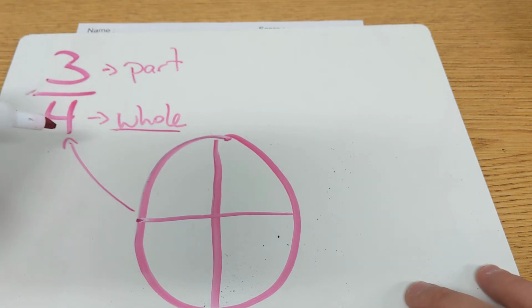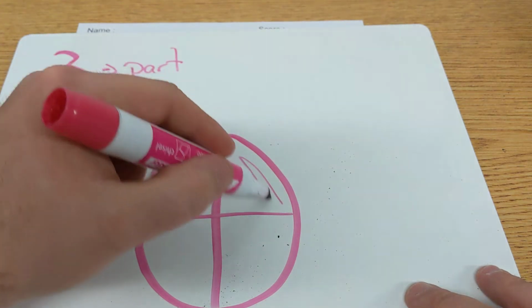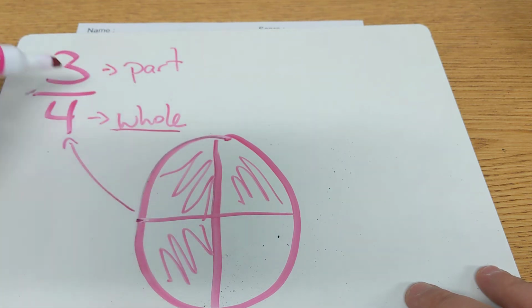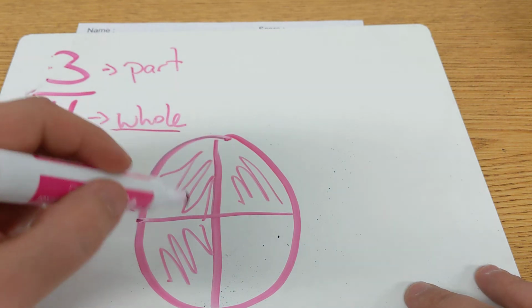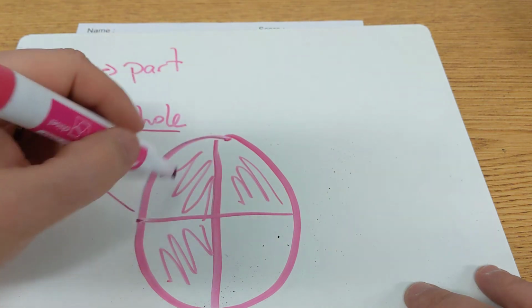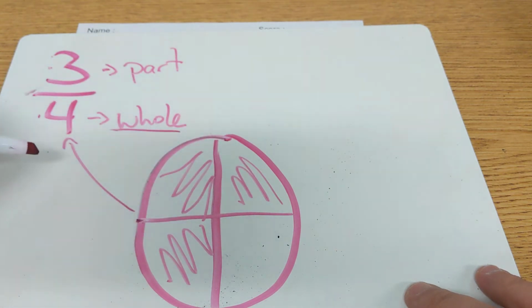Now, if we ate 3 pieces, we ate 3 out of the whole. We ate 3 slices of pizza out of the 4 total. So this is part of the pizza, 3 parts of the whole, which was divided into fourths.